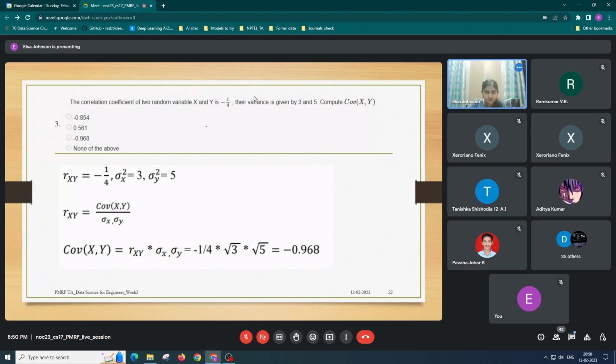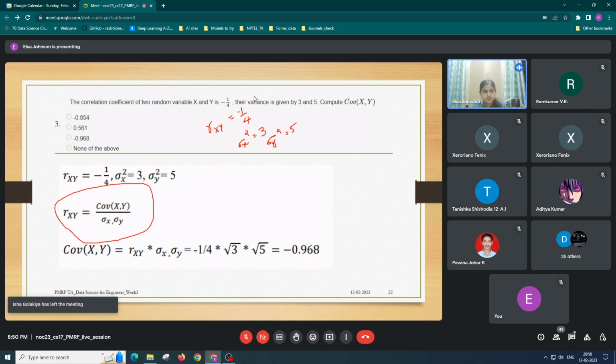The correlation coefficient r of xy is given as minus 1 by 4, and the variances are given: sigma x square equal to 3 and sigma y square equal to 5. So you know this relation. If you want to find the covariance, the relation is r of xy equal to covariance of xy by sigma x into sigma y. From that you can get the covariance of x comma y.